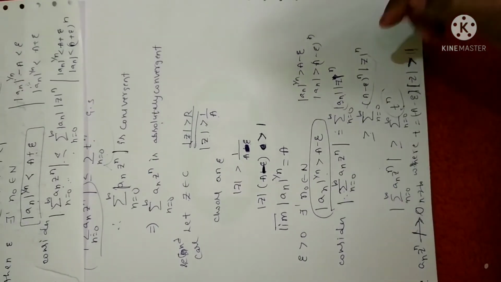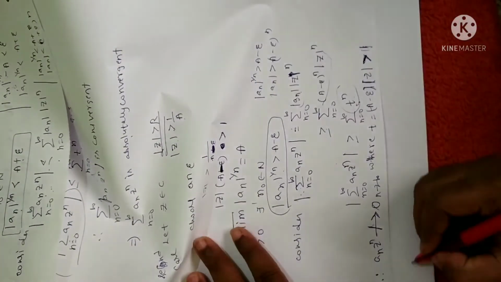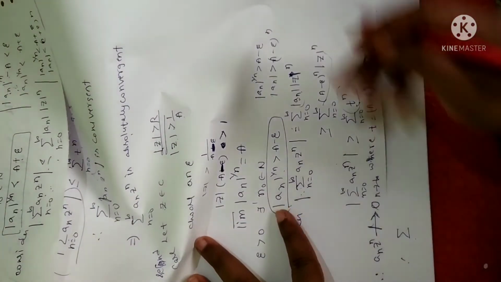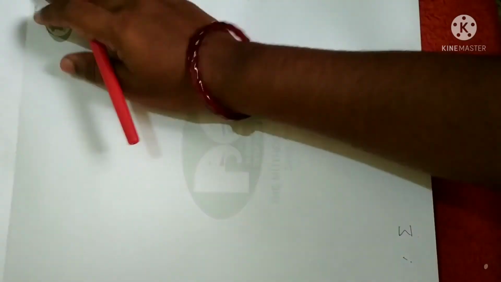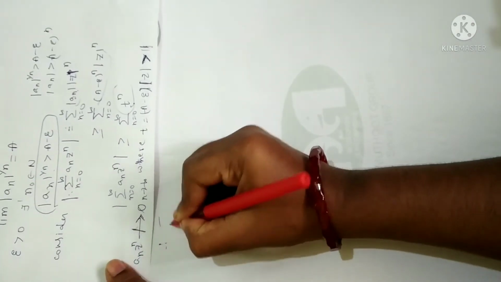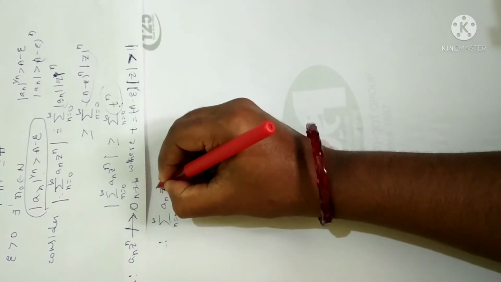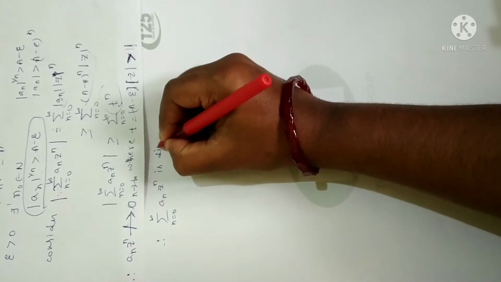Let me write a statement here. Therefore, I can write that the summation n is equal to 0 to infinity of an into z power of n is divergent.